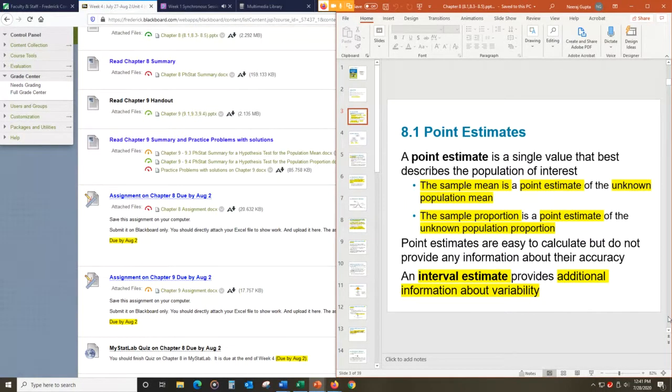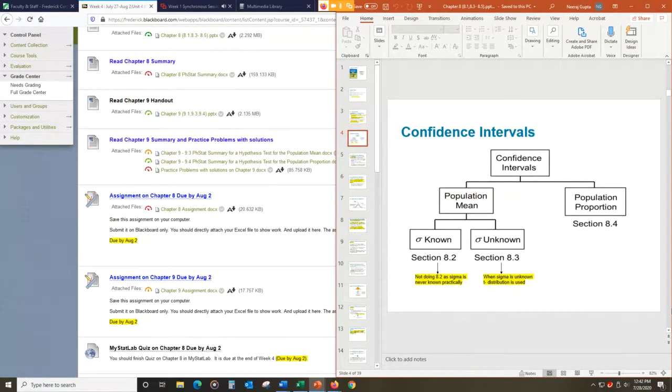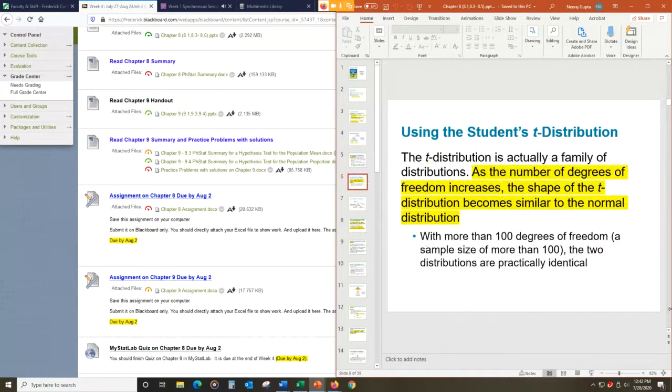That provides enough information about the variability: no matter what sample you choose, we can say with a given confidence level that the population parameter will be within that interval estimate.